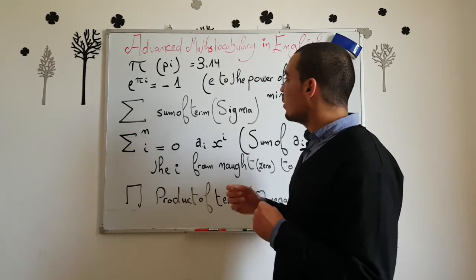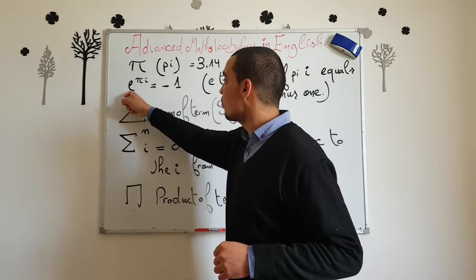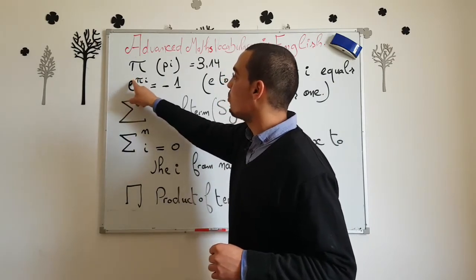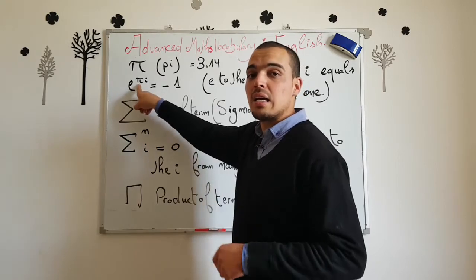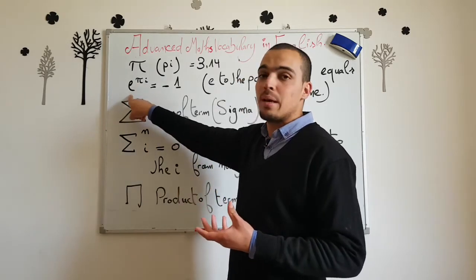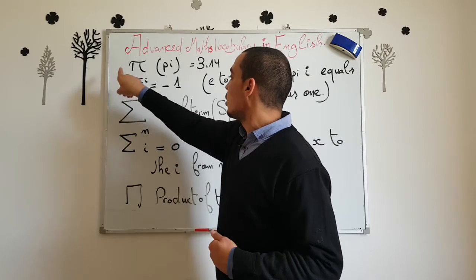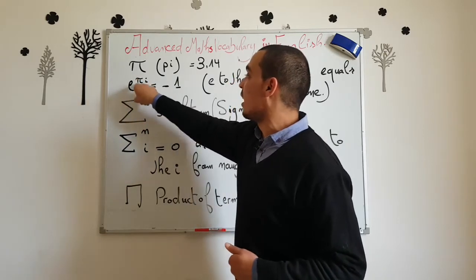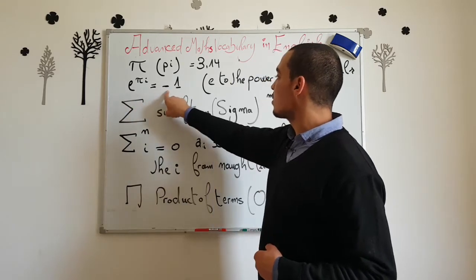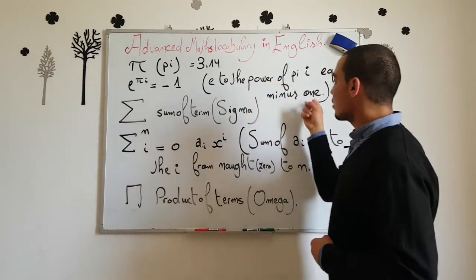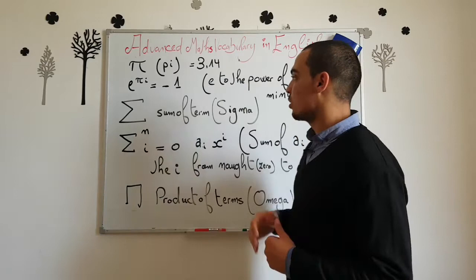The way to read it is e to the power of pi, since it is written in small size and at the top of the original number. So e to the power of pi i equals minus 1, as it is written in this expression.